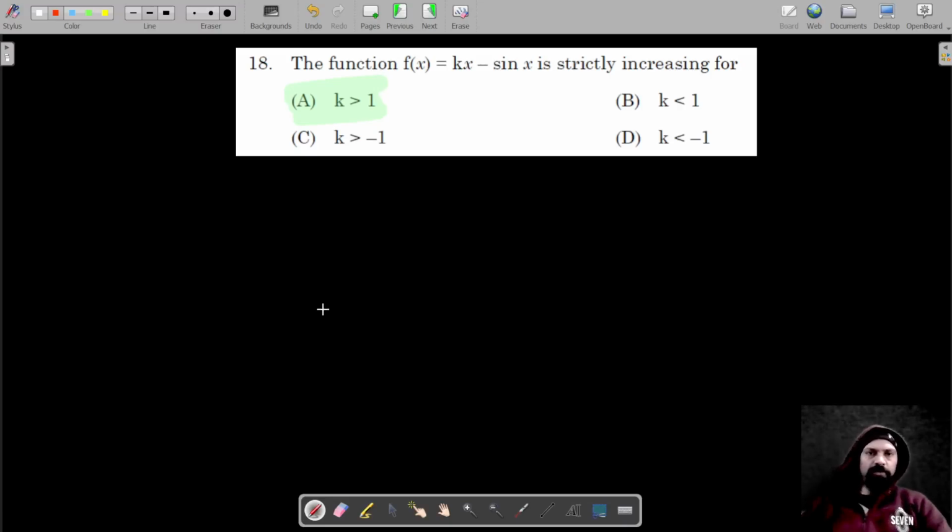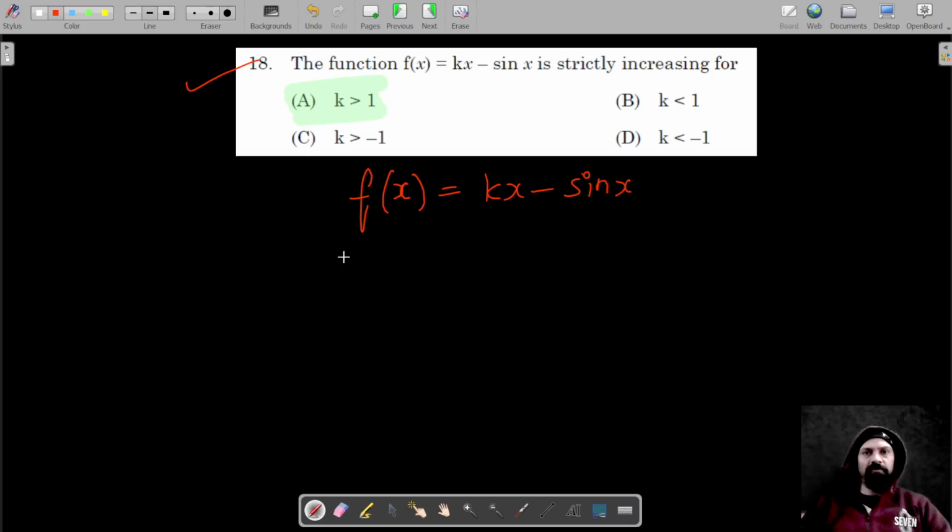Okay, for question number 18, we have to find the value of k, choosing one of those options, for which the given function is strictly increasing. Our function is f(x) equal to kx minus sin x.